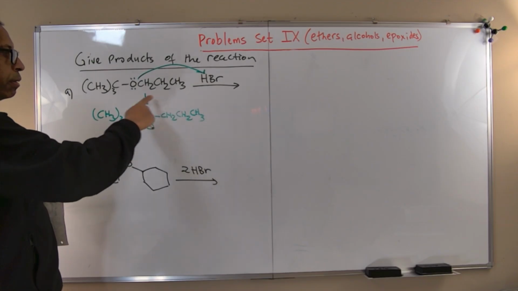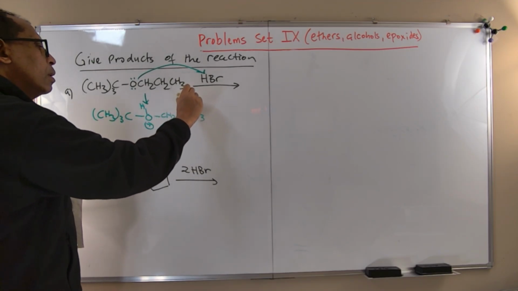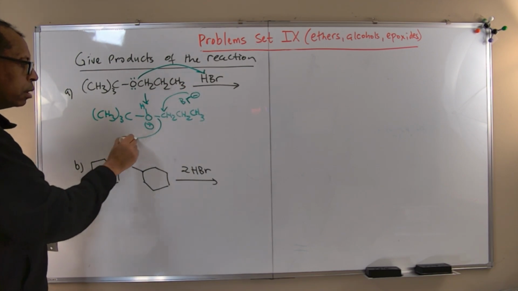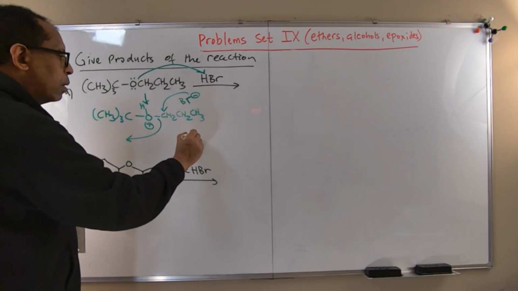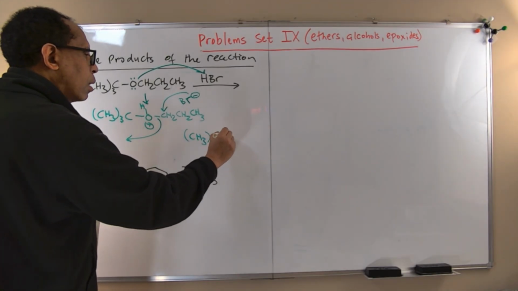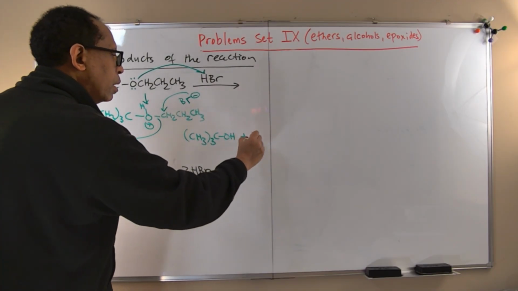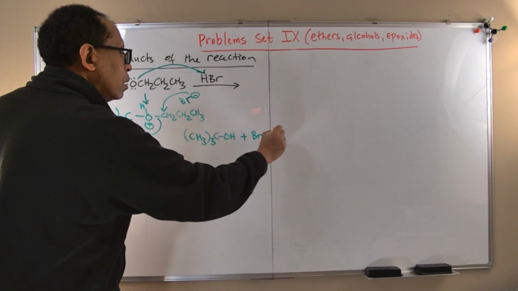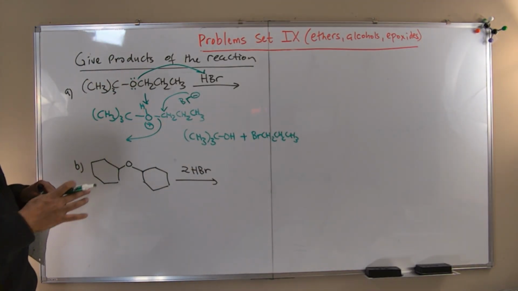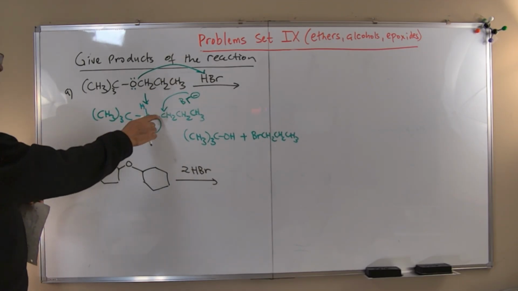For the initial one, if Br minus as a nucleophile acts on this carbon, you'd lose this whole thing as a neutral alcohol. So you'd get (CH3)3COH, t-butanol, and also the alkyl halide, Br-CH2CH2CH3. This is the case where the Br minus attacks that primary carbon.